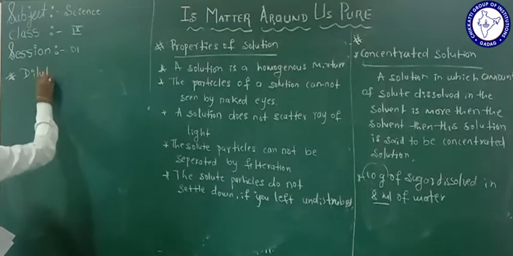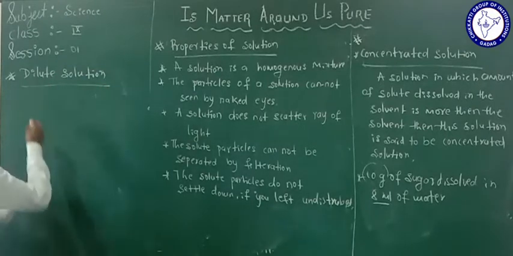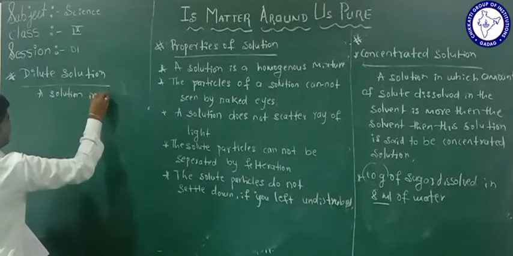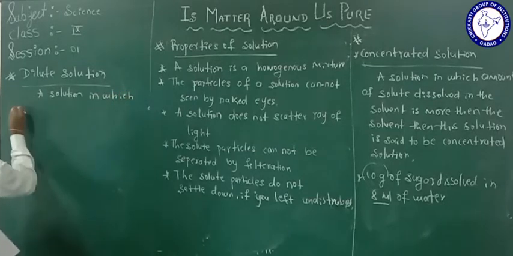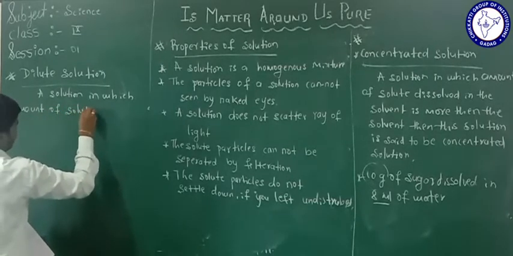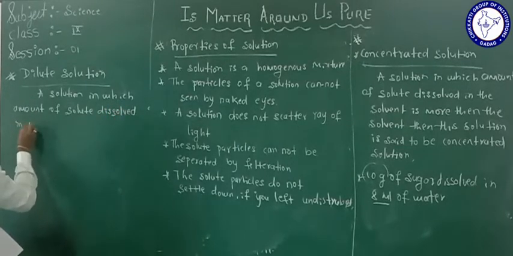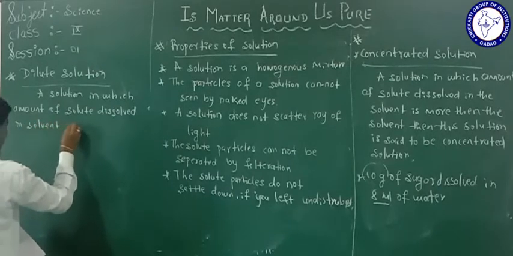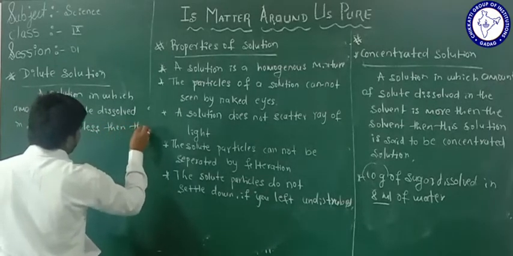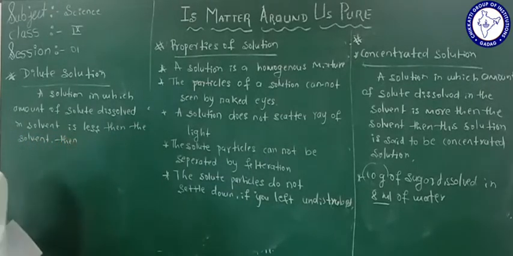A dilute solution is a solution in which the amount of solute dissolved in a solvent is less than the solvent, then this solution is called a dilute solution.